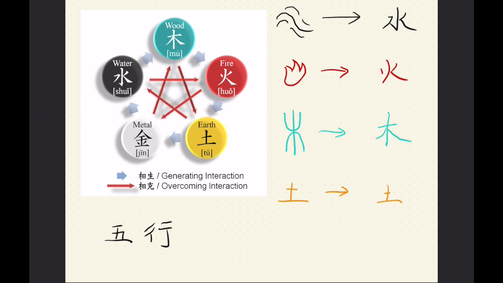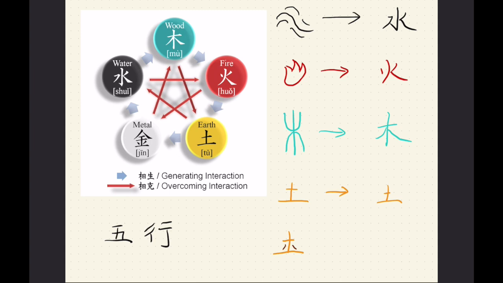And the last element is gold or metal. This one is the most complex in writing, but it's not difficult to really understand it. Same thing, let's start with the ancient writing. You would have 土, the earth, right? And metal or gold is always hidden beneath the earth.